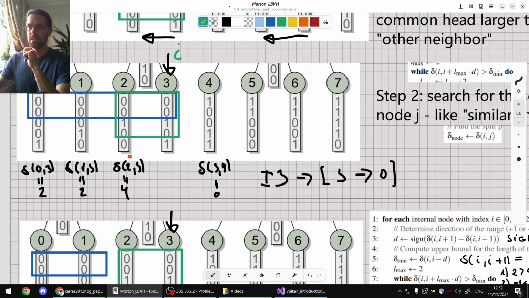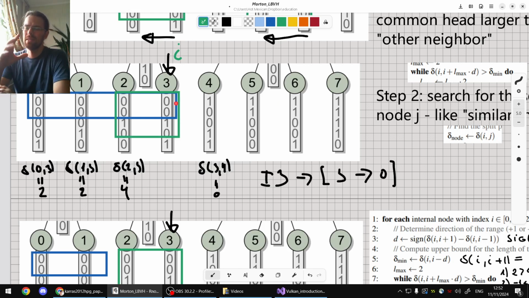We will compare our left and right bound, and say they are at least this similar, with this delta node ij mean.